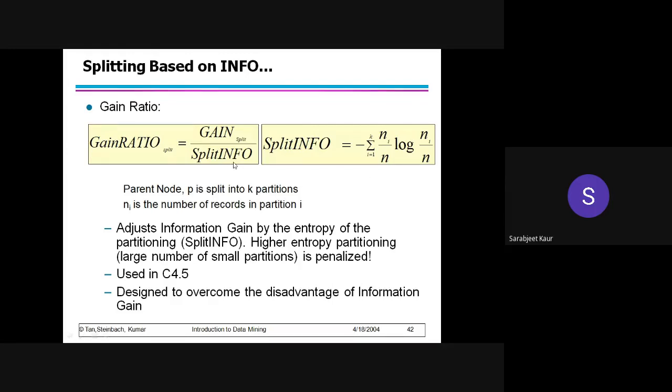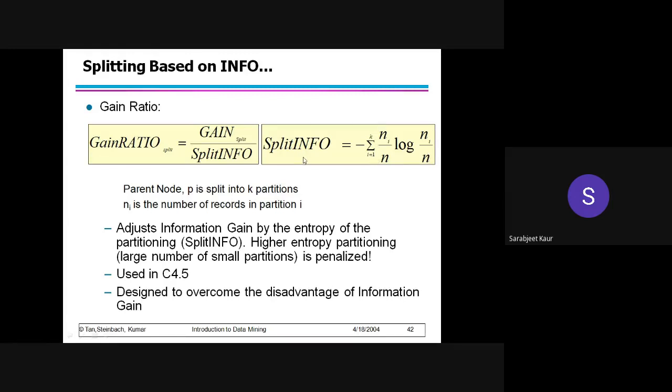Split info means the number of partitions that were done from a particular level. For each level i, you can see that it is computing this ratio and summing it.